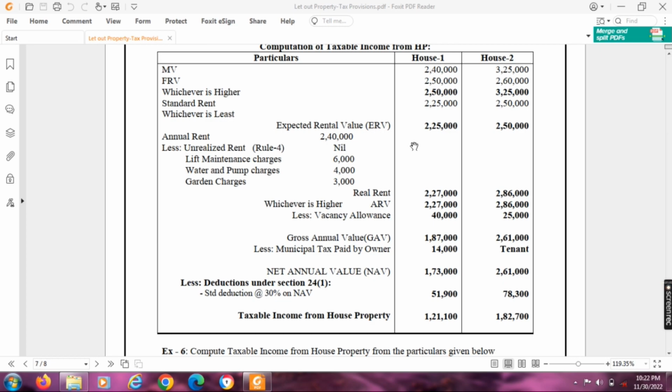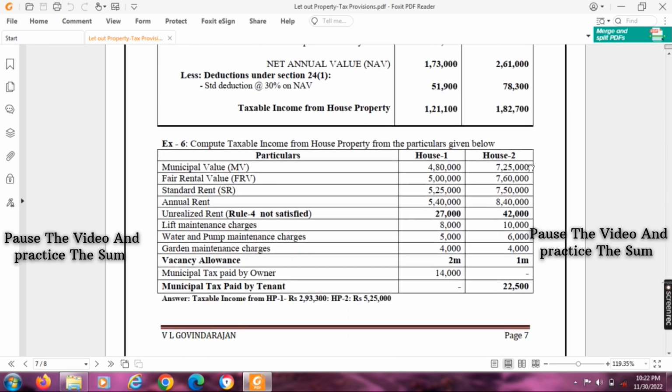From this we can deduct under section 24 subsection 1 the standard deduction. From this 1,73,000 we are permitted 30% of the net annual value. But in this problem, no information about interest on loan. It is a basic problem of let out properties only. In the same pattern, the listeners can practice exercise 6.